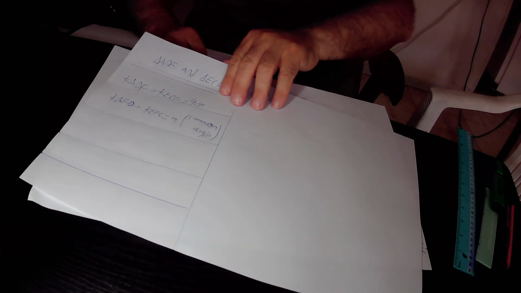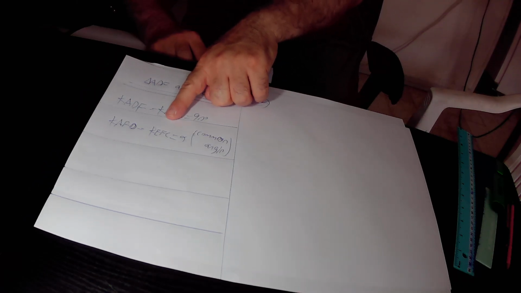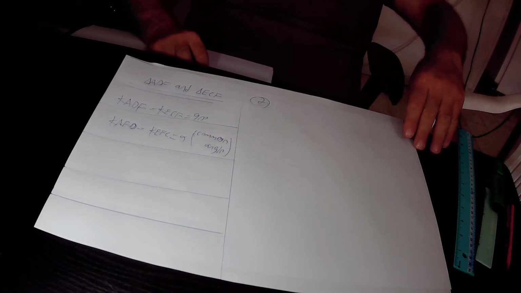So this equation means that angle alpha equals itself. We just call angle alpha by two different names. It's a common angle that belongs to both triangles.